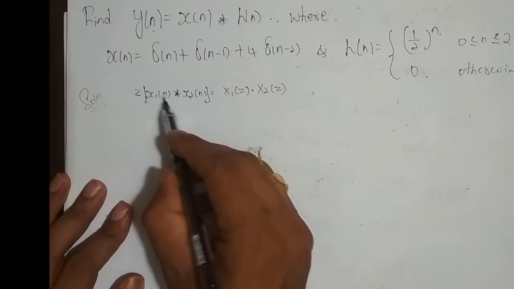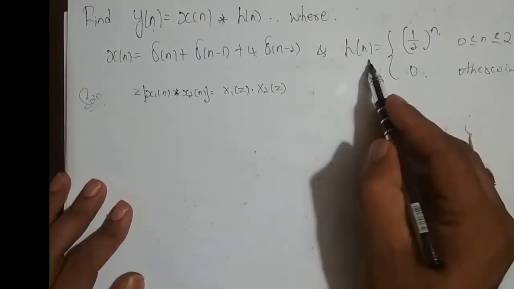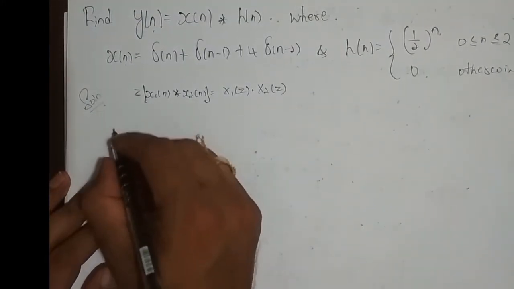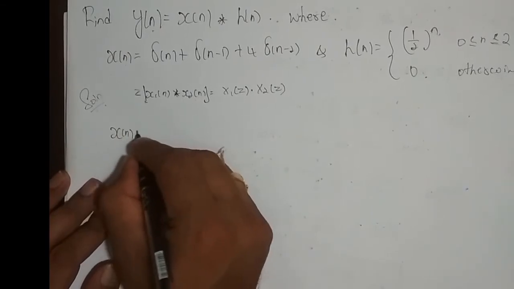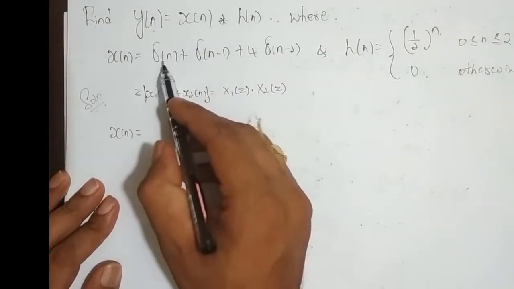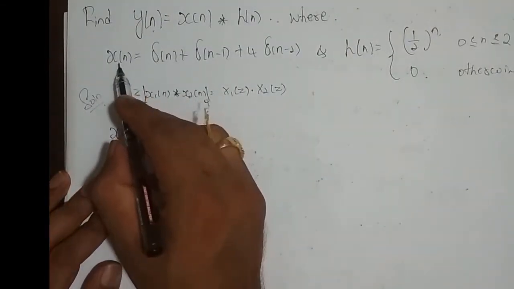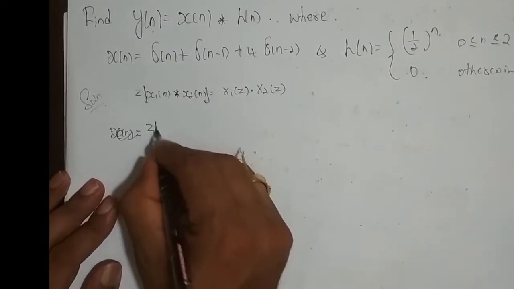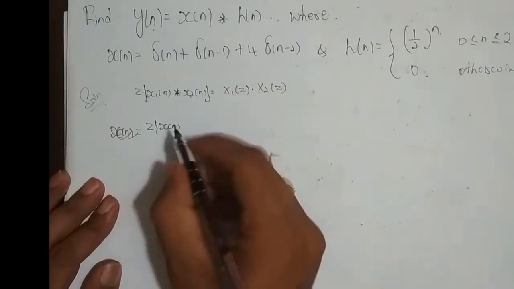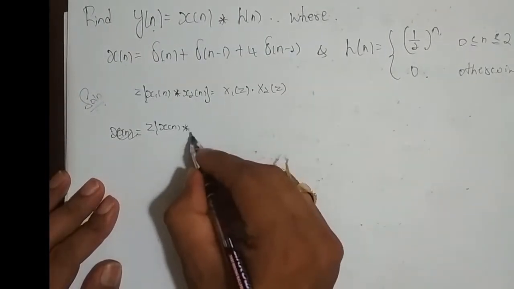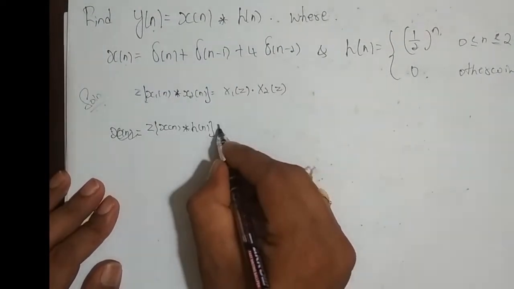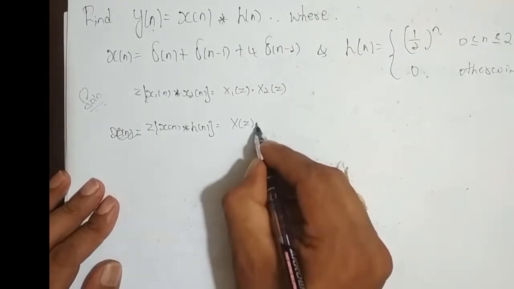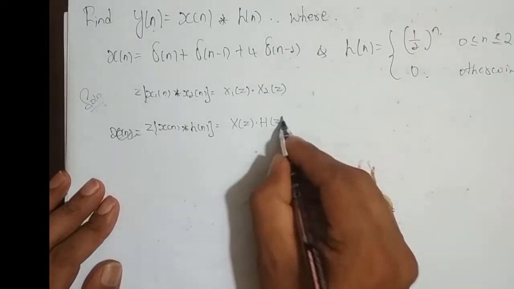In our case x1 of n is x of n and x2 of n is h of n. So the Z transform of x of n convolved with h of n is nothing but X of z multiplied with H of z, right?